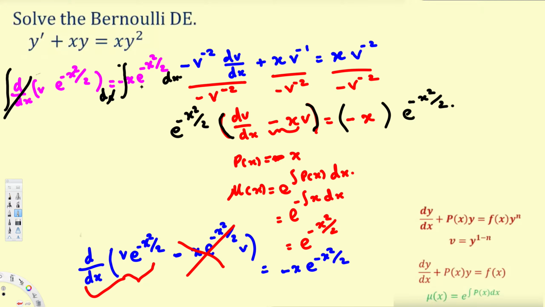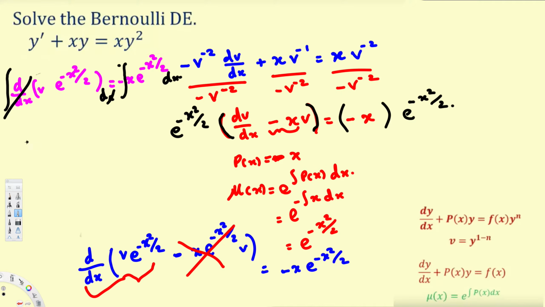And on the other side, we have to do something about this. Now let's see how we can integrate the other side. So we have minus x e^(-x²/2), and let's write this one as an integral.